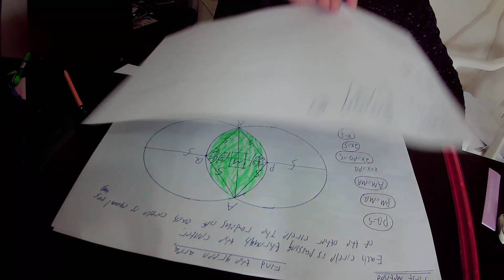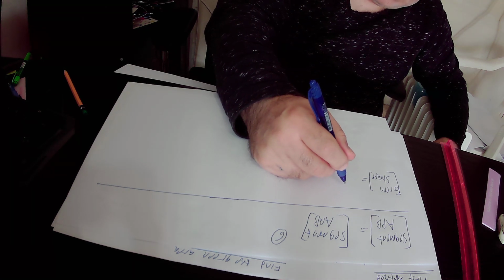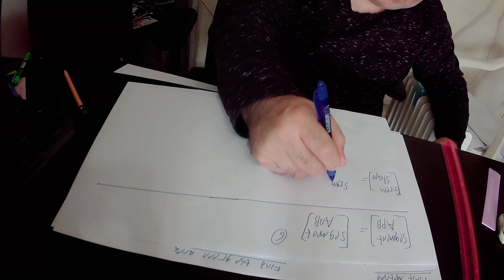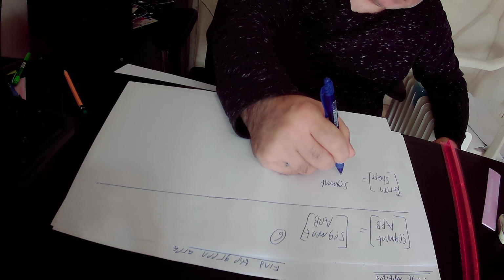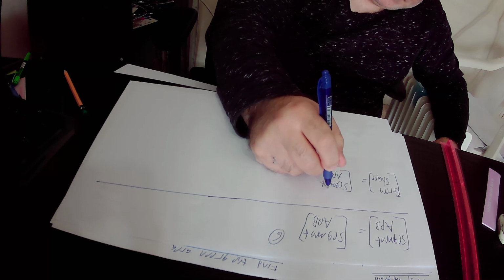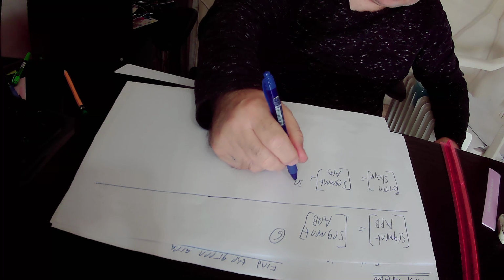So I will write it down. The area of the green shape equals the area of segment APB plus the area of segment AQB.